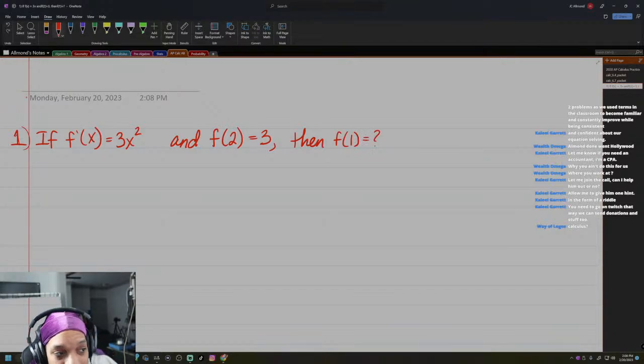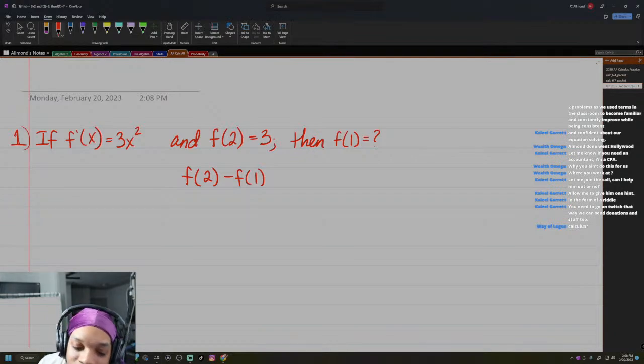Now, I read that f of 2 and f of 1, and can we see how automatically we can just look at this as like f of b minus f of a? Hopefully that sticks out.